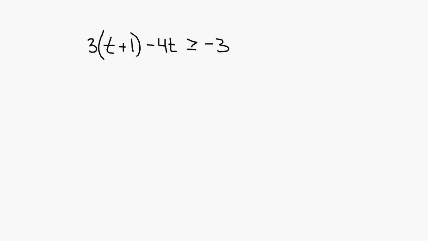Okay, distributive property first. So you're going to take the 3 and multiply it by t, and then you're going to multiply the 3 by positive 1. So this becomes 3t plus 3 minus 4t. And that's greater than or equal to negative 3.